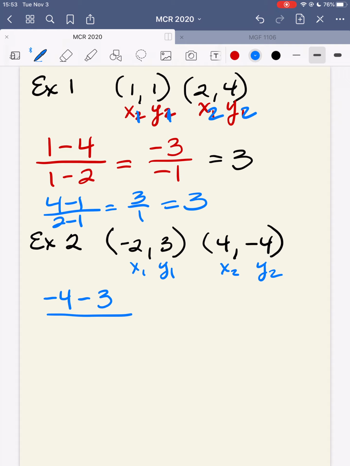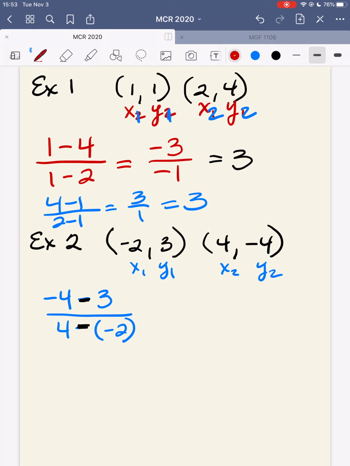My x2 is positive 4. And then I have a minus a negative 2. Okay, so the worst part of these is you have to remember the minus here and here is part of the formula. All right, the negative 2 is the value.